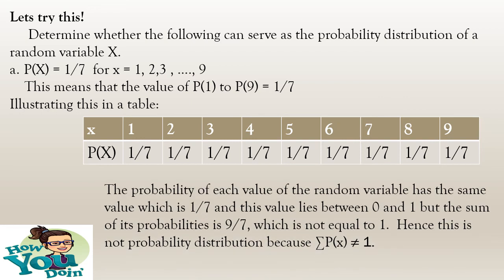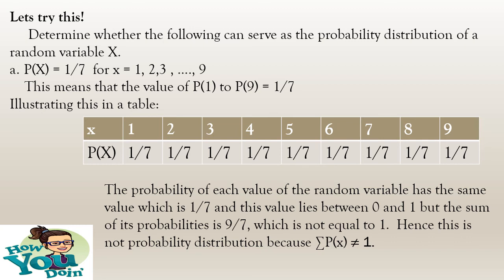So, kung mapapansin natin yung value ng ating random variable, kada isa ay 1 over 7. And this value lies between 0 and 1. So, papasok siya sa unang property na kung saan yung value natin dapat ng probability ay nasa pagitan ng 0 and 1. But the sum of its probabilities is 9 over 7, which is not equal to 1.